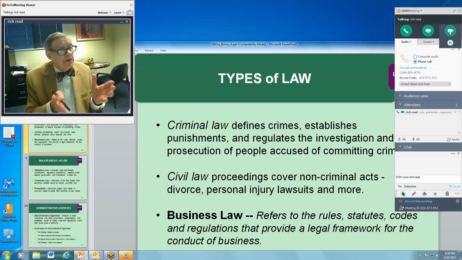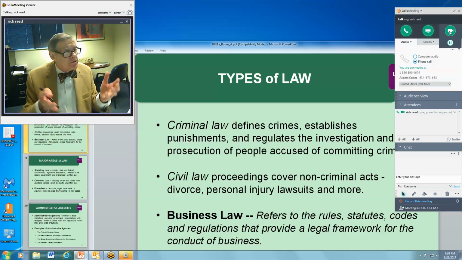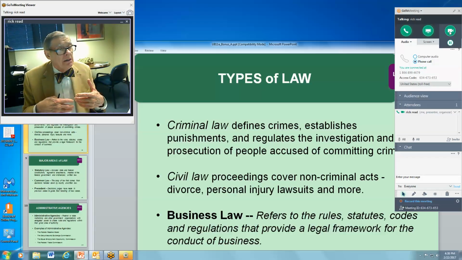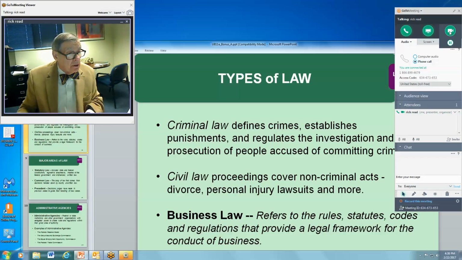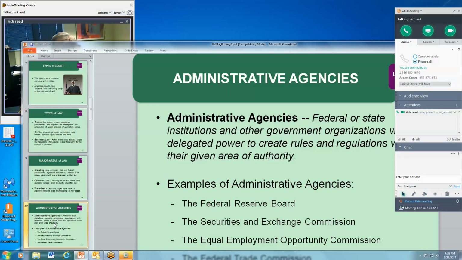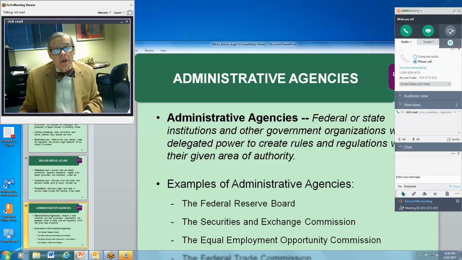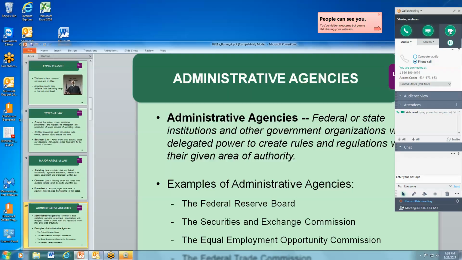But what it does mean to say is that business law gives us a framework. And notice it says the rules and statutes and codes, etc., under which businesses operate and conduct business with each other and with consumers, etc.